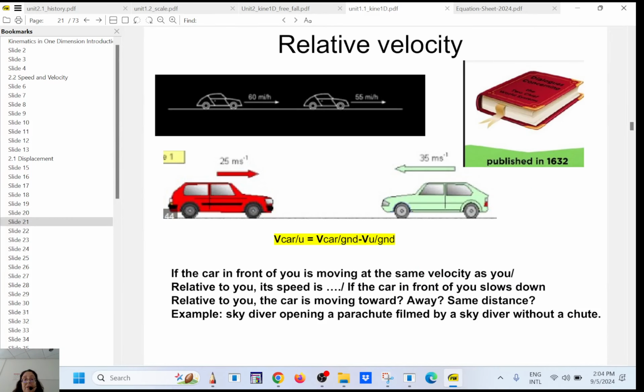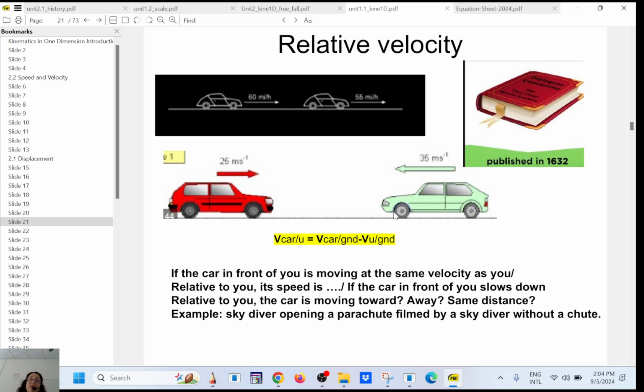Someone asked me a question here about relative speed, and I think you have a question for the quiz. Relative speed or relative velocity depends on your frame of reference. If you are inside this car and they go toward each other, you add the speed because you're going to crash sooner. It will take less time for you to come together, right?